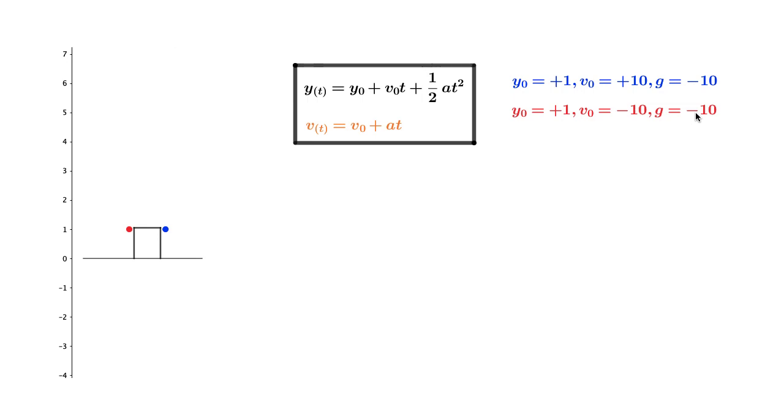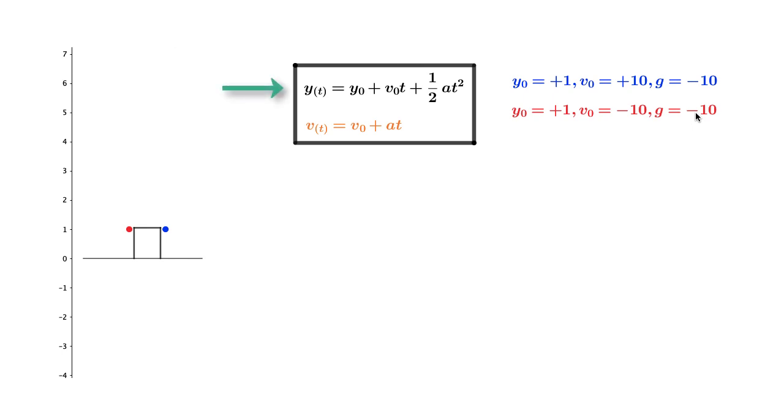The next thing to do is to plug in the initial information into the equations for each ball. We want to solve for the moment when each ball hits the ground. Let's start off with the blue ball and the blue equation, and we'll plug this into the position equation.